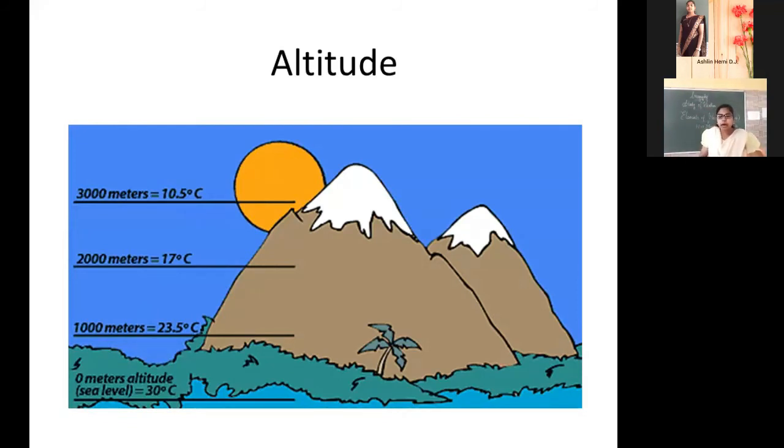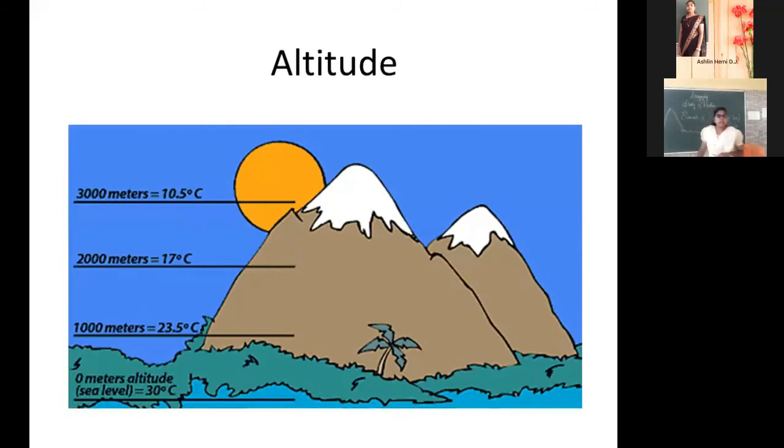So how is it possible? As we are climbing higher on a mountain, just imagine this is the sea level. As we go higher, the temperature will decrease. The altitude increases, the temperature decreases.